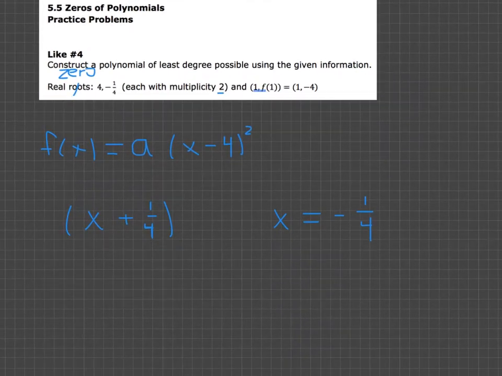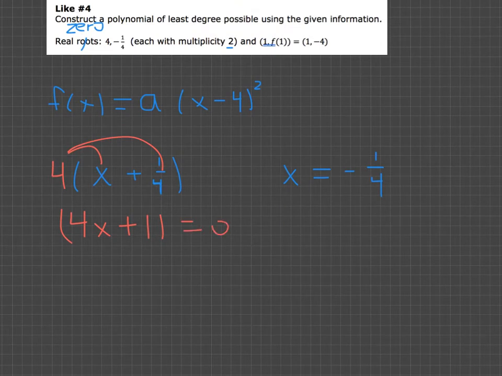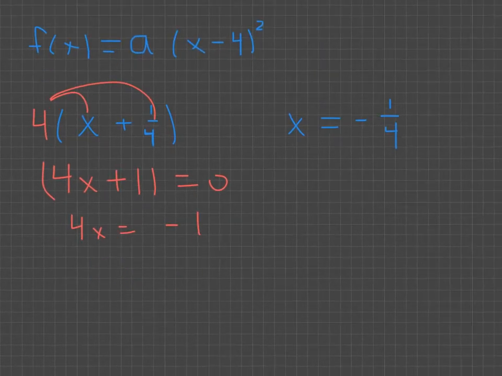Well, if we multiply this factor x plus 1/4 times 4, distribute that out, we end up with 4x plus 1. Now if we set that equal to 0 and solve, we get 4x equals negative 1. Divide both sides by 4, and we get x equals negative 1/4. So we end up with the 0 that we want, and we only have integers, we don't have fractions.